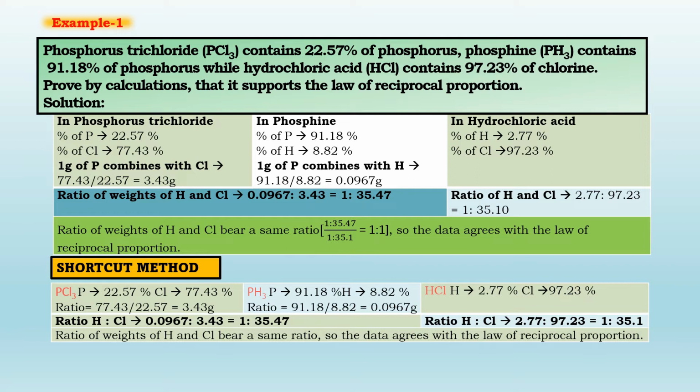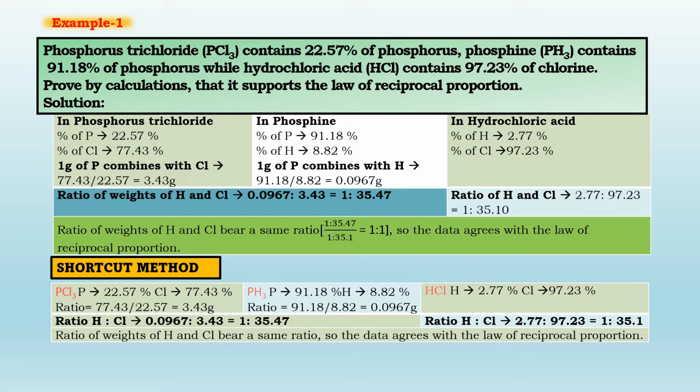Solution. In phosphorus trichloride, percentage of phosphorus is equal to 22.57%. Percent of chlorine is equal to 77.43%. So, 1 gram of phosphorus combines with chlorine 77.43 divided by 22.57, that is equal to 3.43 gram.